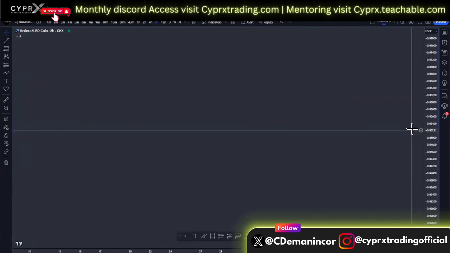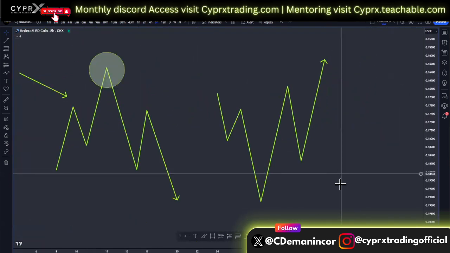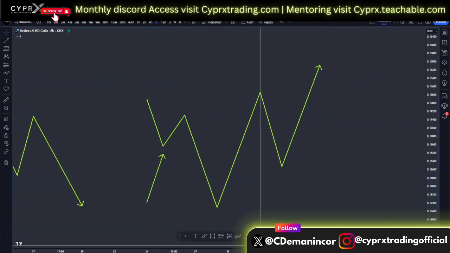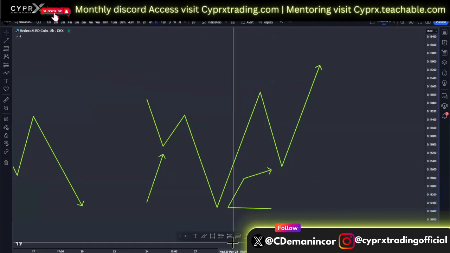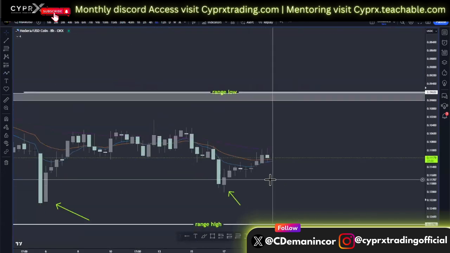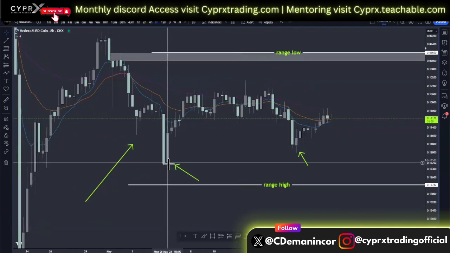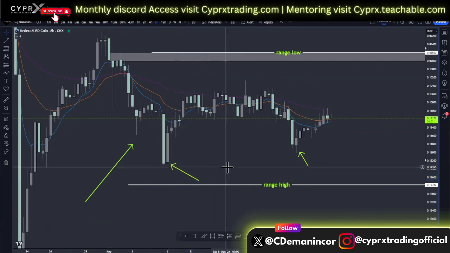Here you can see that pattern. Liquidity trap, liquidity grab, and higher low that comes in after. Right? And so for this example, the area of interest that we want to be setting our range high is above, again, because we're inverse, this high.